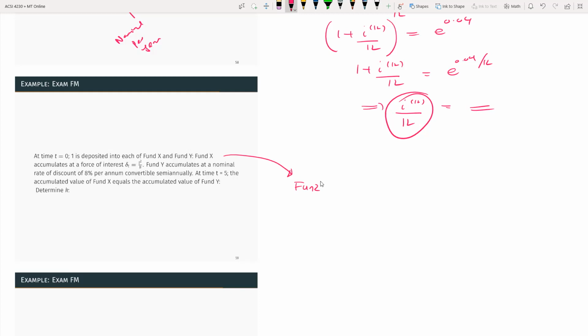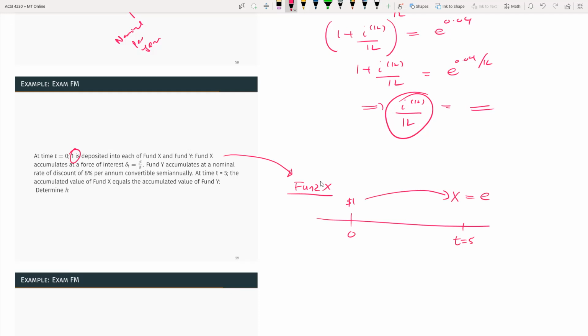So we have fund X. At time 0, $1 is deposited, and then time t equal 5, and then force of interest.